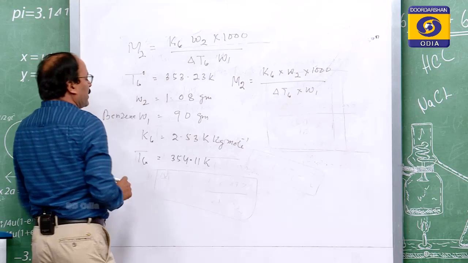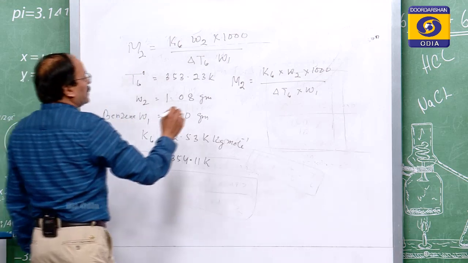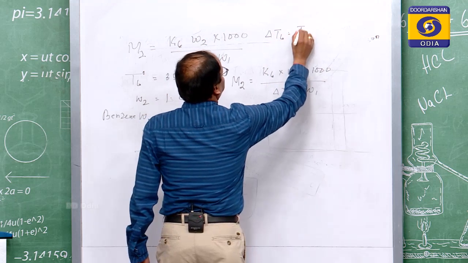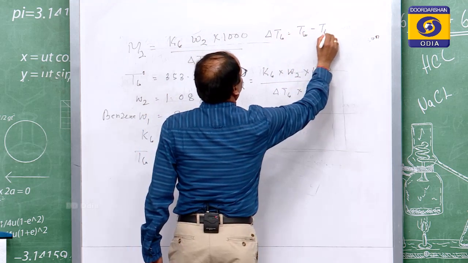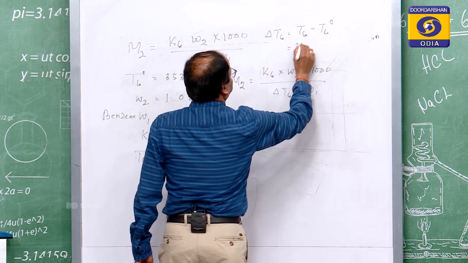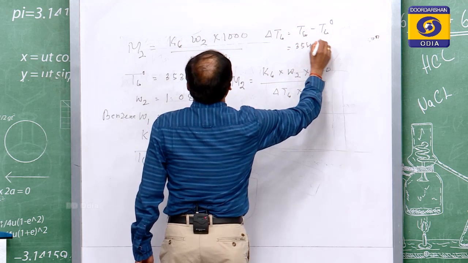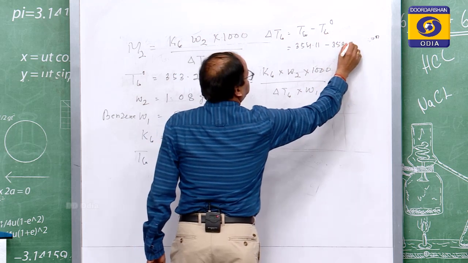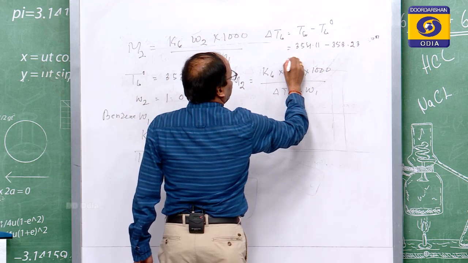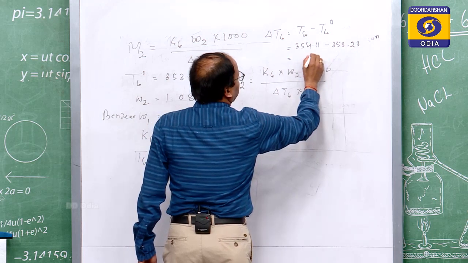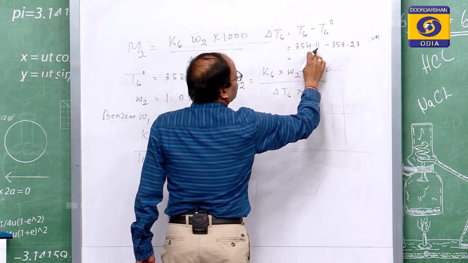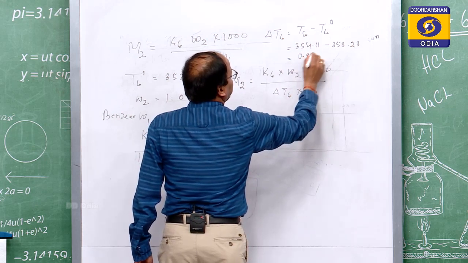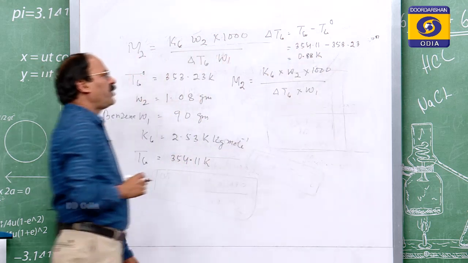From this you can calculate delta Tb. Delta Tb will be equal to Tb minus Tb0, that is 354.11 minus 353.23, which is 0.88 Kelvin. The delta Tb is 0.88 Kelvin.